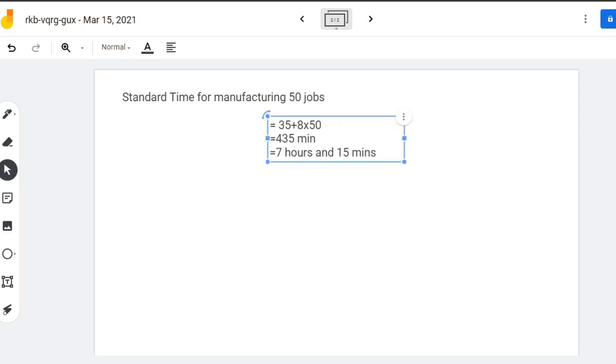Then the question: calculate the operator's efficiency.